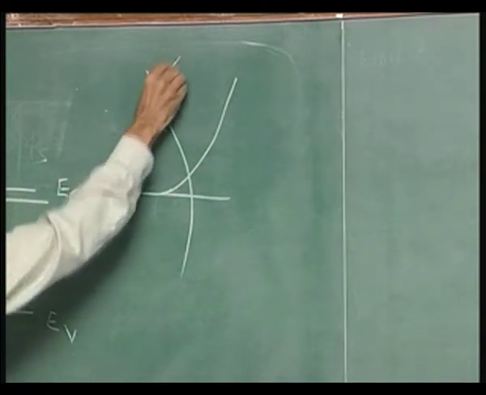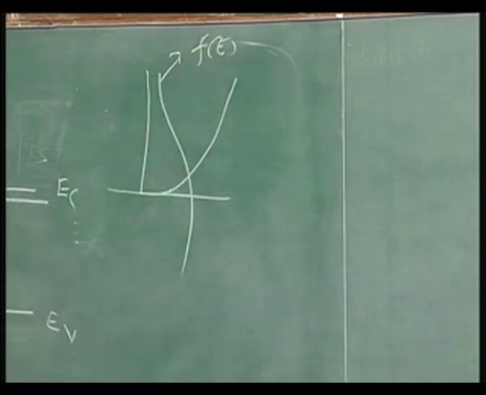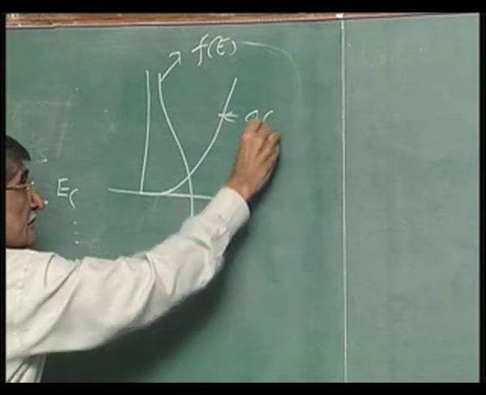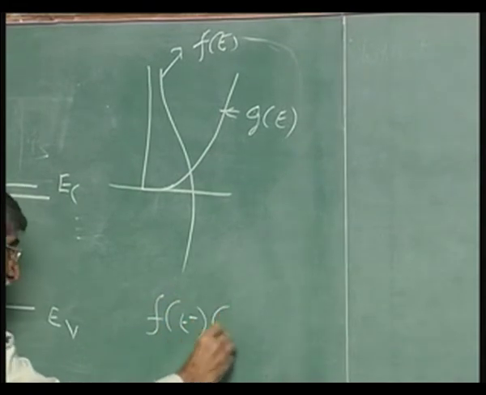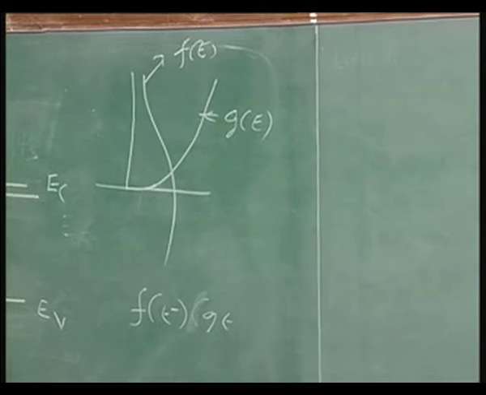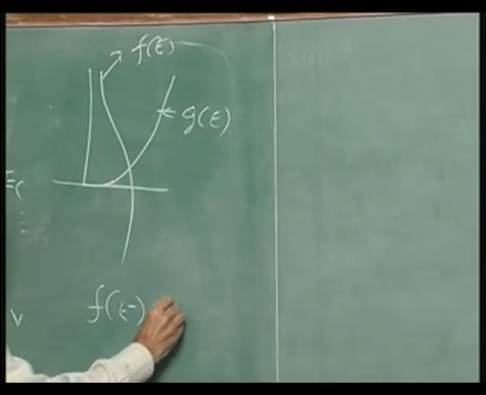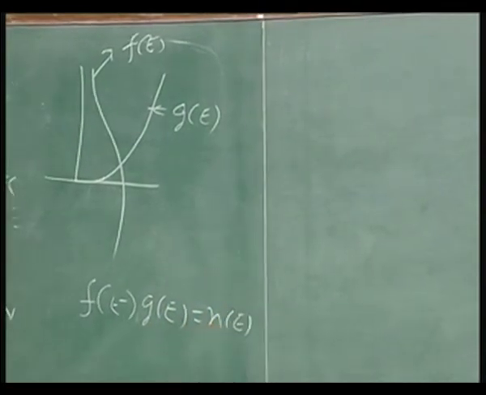So, this is F e, the Fermi-Dirac distribution function, and the density of states, what symbol do you use? G e. The product of those two, F e into G e, gives you n as a function of energy.